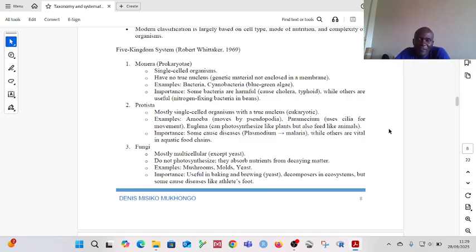The other one is the fungi, which is mostly multicellular. So the fungus is made up of organisms that are mostly multicellular, except of course yeast. Another characteristic of the fungi is that they do not photosynthesize. So they need to absorb nutrients, mostly from decaying matter.